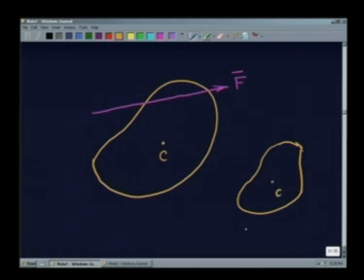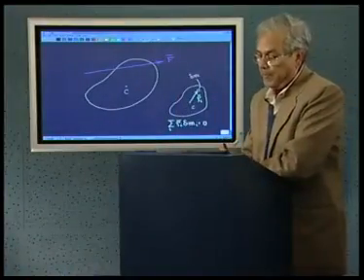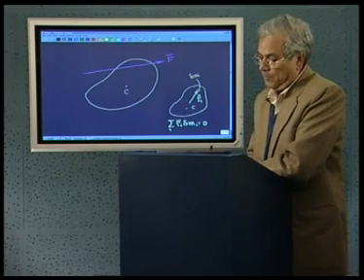This is C. If you take any particle whose mass is delta m_i and which is located at a position rho_i, then if you sum up this product for all the particles, it will result in 0, if C is the center of mass. This we have to keep in mind. That is the definition of center of mass.